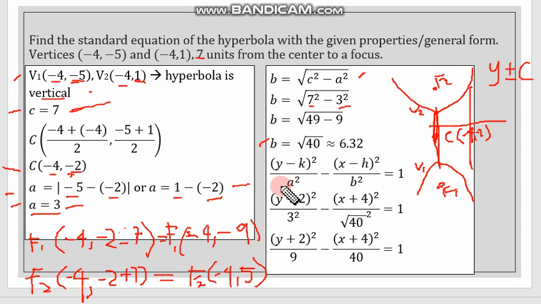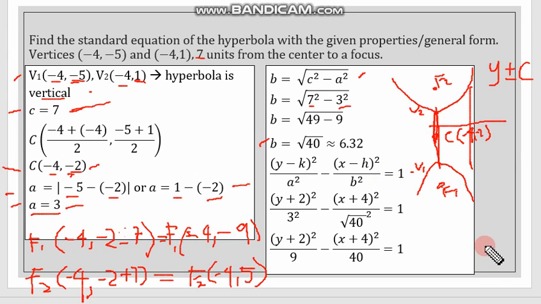We will use (y minus k) squared over a squared minus (x minus h) squared over b squared equal to 1, since our hyperbola is vertical.